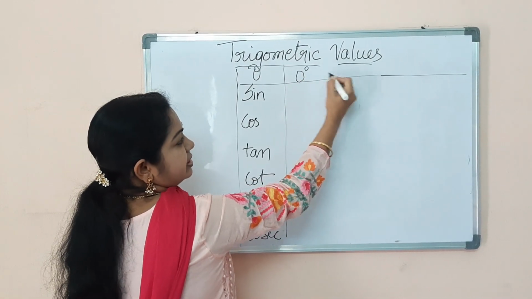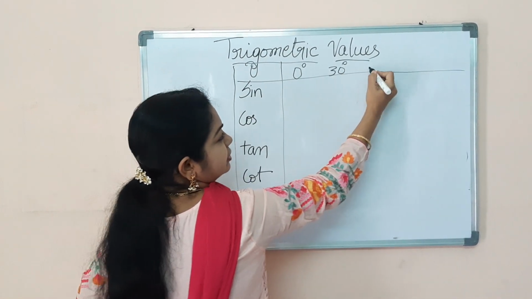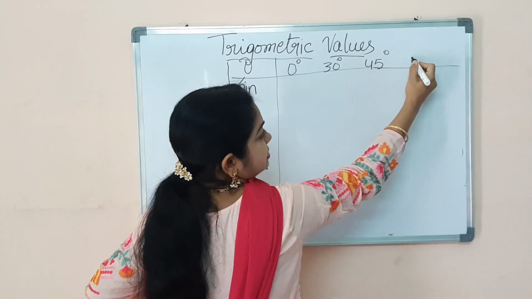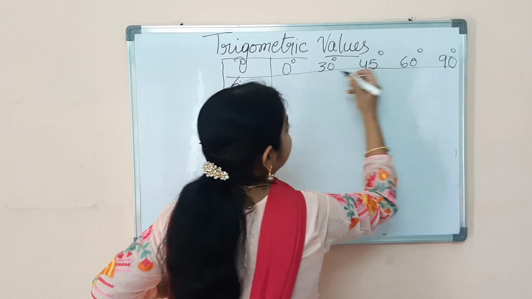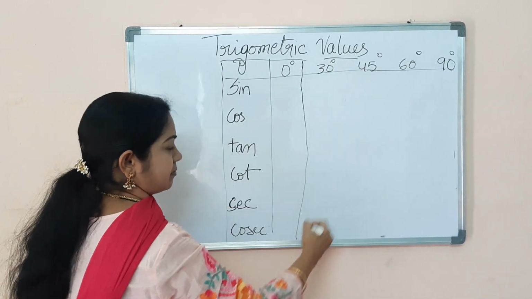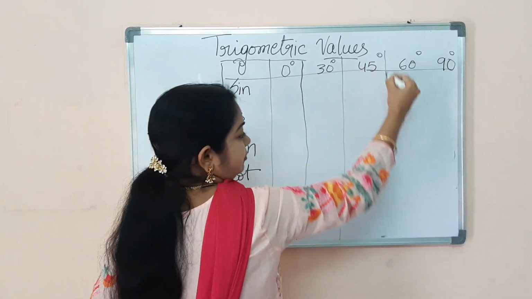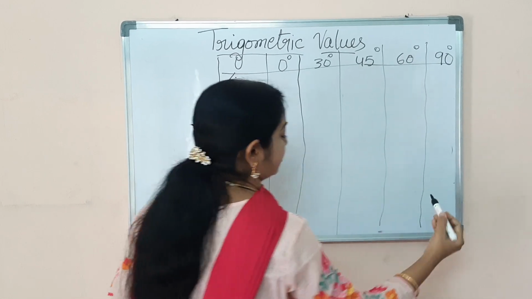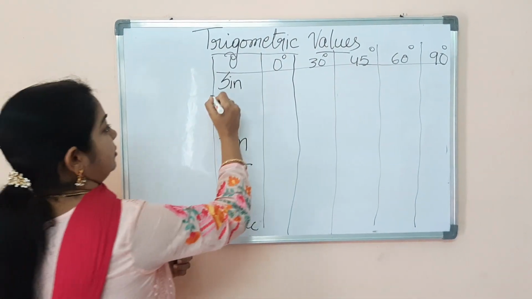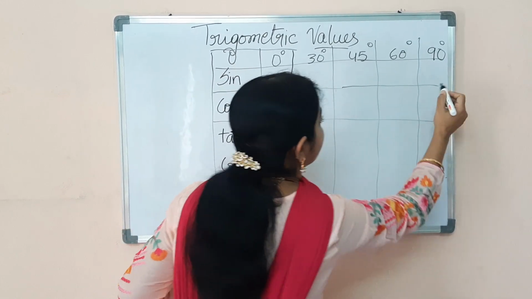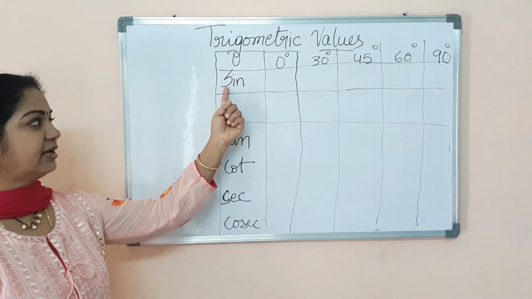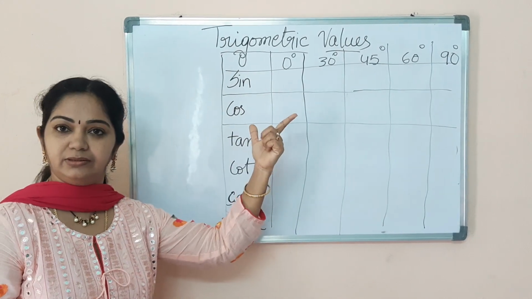First we'll take 0 degrees, 30 degrees, 45 degrees, 60 and 90 degrees. Okay. We need to remember only one function, that is the sine function. The values we need to remember once.